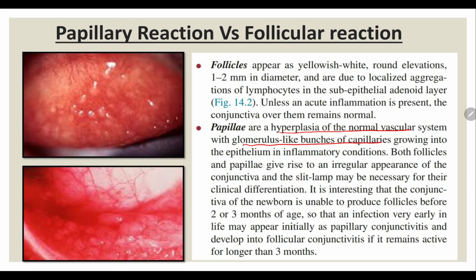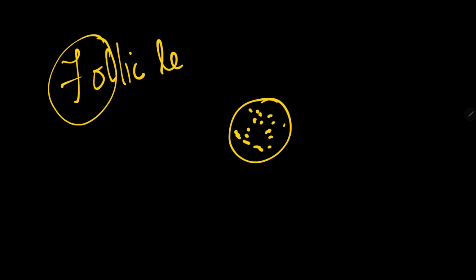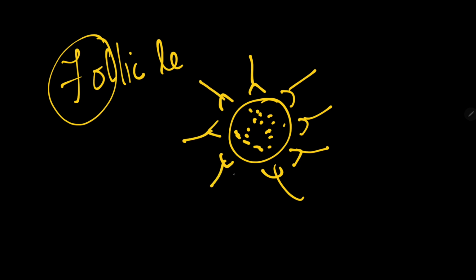When it comes to follicles, we'll remember again like this. Follicles, FOL, like following. When someone is following, at any point of time they will gather at one place. If some others are following them, then they will be surrounding them like this, right?